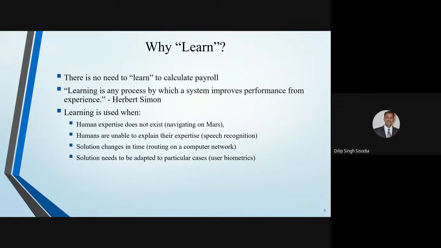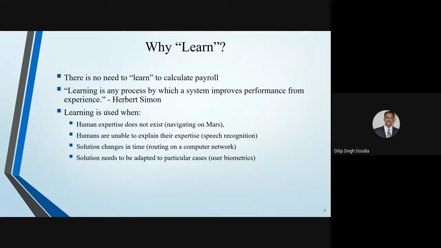Learning can be used when human expertise does not exist, like suppose we are navigating on some unknown surface, navigating on Mars, where we don't know what is there. So we can use our experience of other things to explore the unknown.